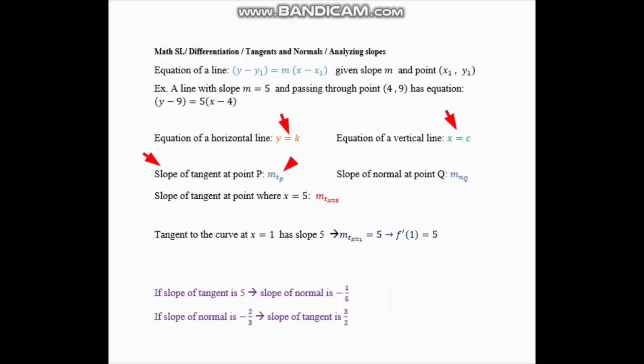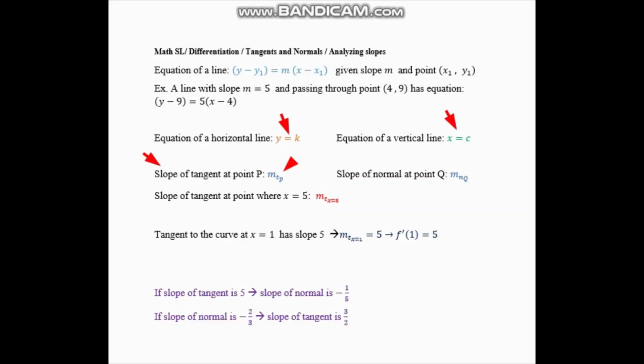So M for slope, T for tangent, and P for the point that we are referring to. Because as you know, if I have a curve, at every point there is a different slope for the curve. So if I want the slope at point P, and by slope normally I mean the slope of a tangent, I shall refer to that as MTP.